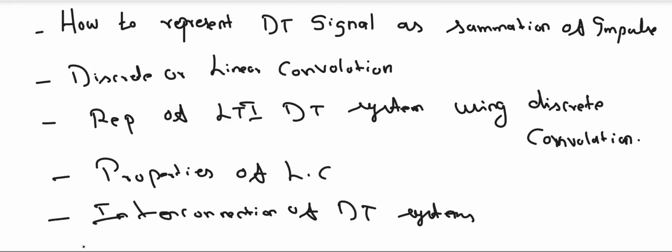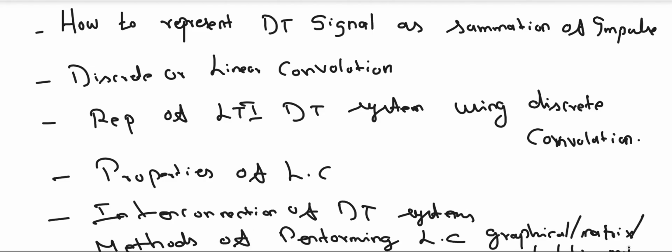Then properties of linear convolution, interconnection of DT systems, and methods to perform linear convolution using the graphical method, tabulation method, matrix method.